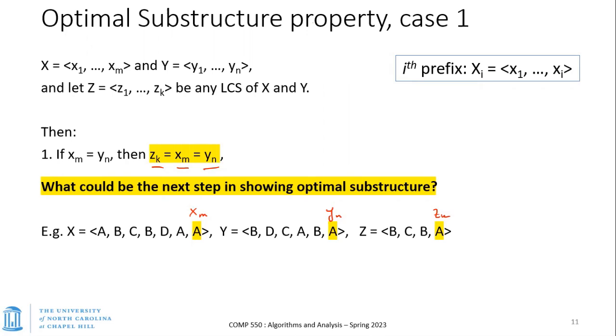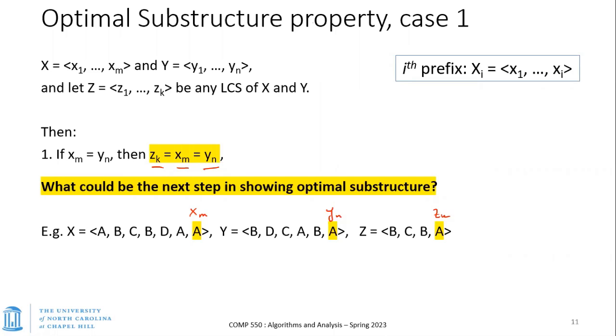Think about optimal substructure. If you're thinking about minimum spanning tree or shortest path distance, then we sort of broke it up into two parts, and we said, well, if this whole thing is optimal, then the two parts are also optimal. The subparts are also optimal.